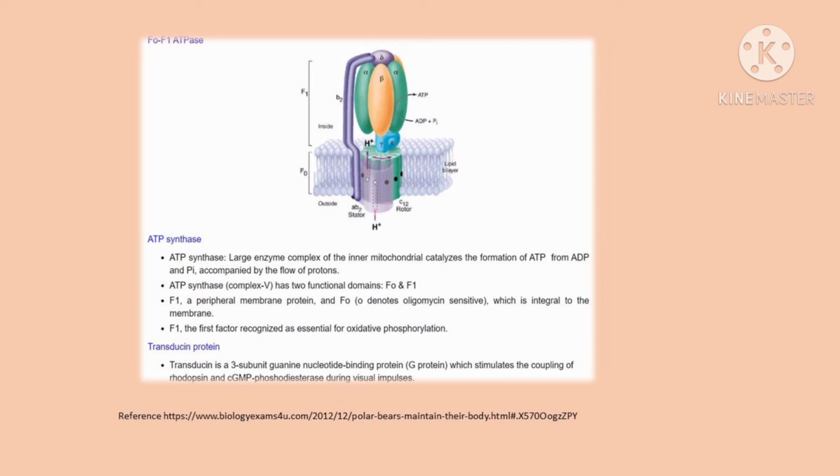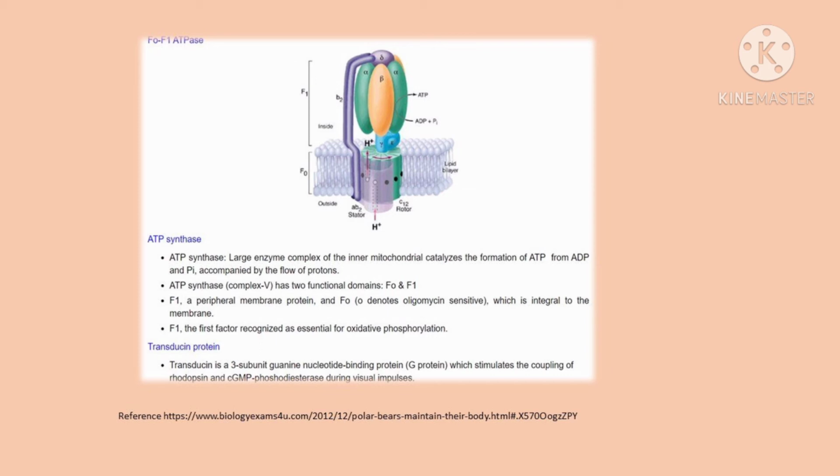F1 is a peripheral membrane protein and F0 is integral to the membrane. F1 was the first factor recognized as essential for oxidative phosphorylation. And the next one is transducin protein. Transducin is a 3-subunit guanine nucleotide binding protein, or a G protein, which stimulates the coupling of rhodopsin and cGMP phosphodiesterase during the visual impulse. So our answer is uncoupling proteins.